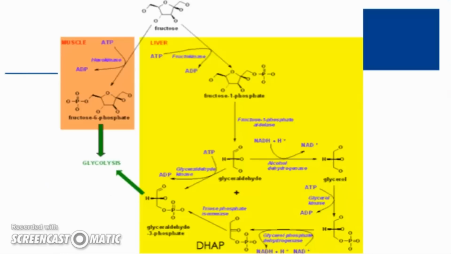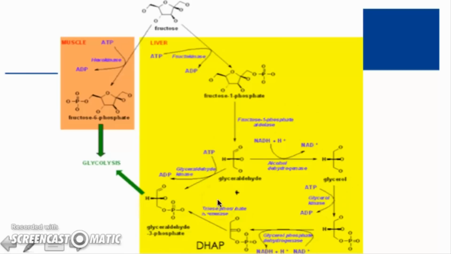You can see that demonstrated in more detail in this diagram. In the liver, we have fructose being converted to fructose 1-phosphate by the enzyme fructokinase. We have the investment of an ATP. And then we have the fructose 1-phosphate being converted eventually to glyceraldehyde 3-phosphate.